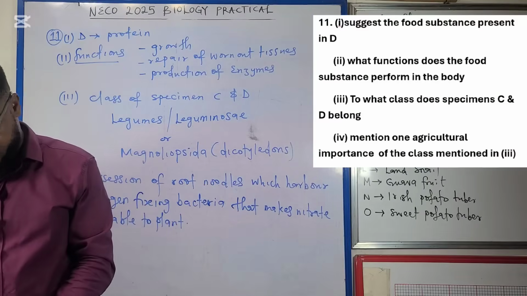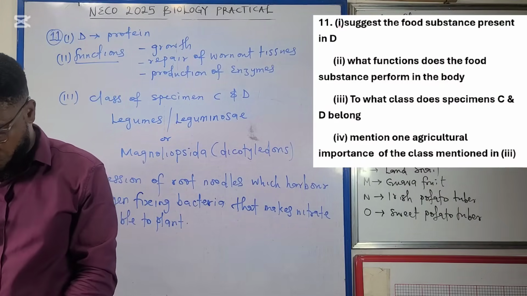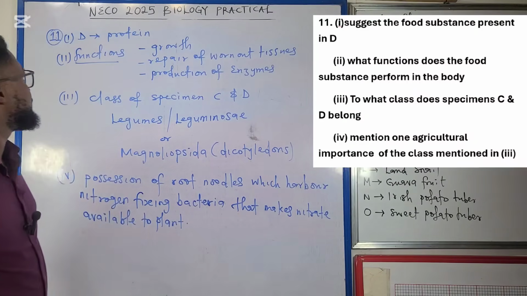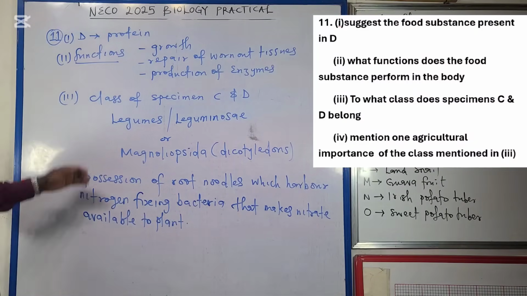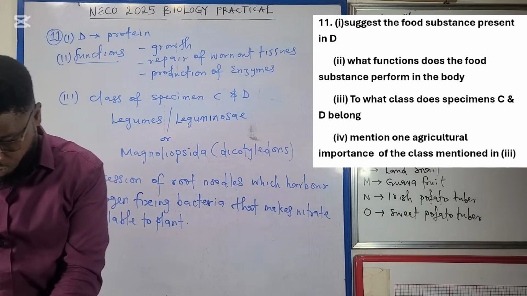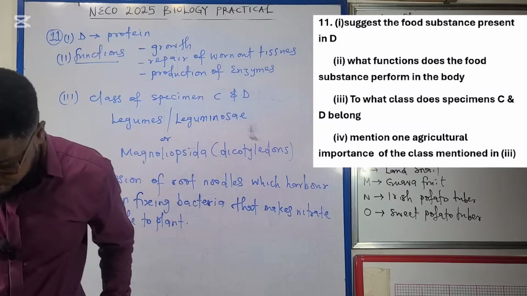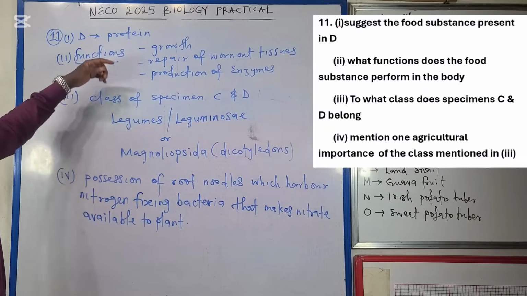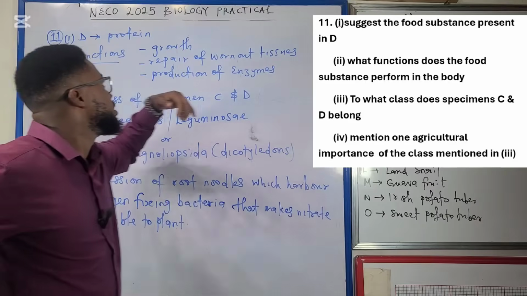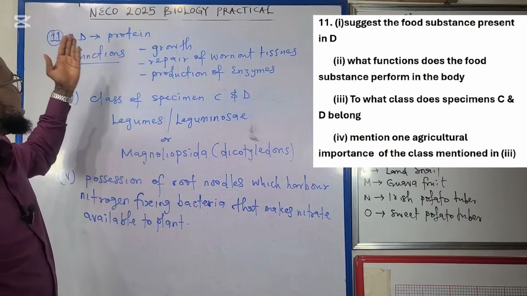Moving on to question 11, it says, suggest the food substance present in specimen D. The food substance present in specimen D is protein. In Roman figure 2, it says, what function does it perform in the body? Recall that specimen D is a bean seed.